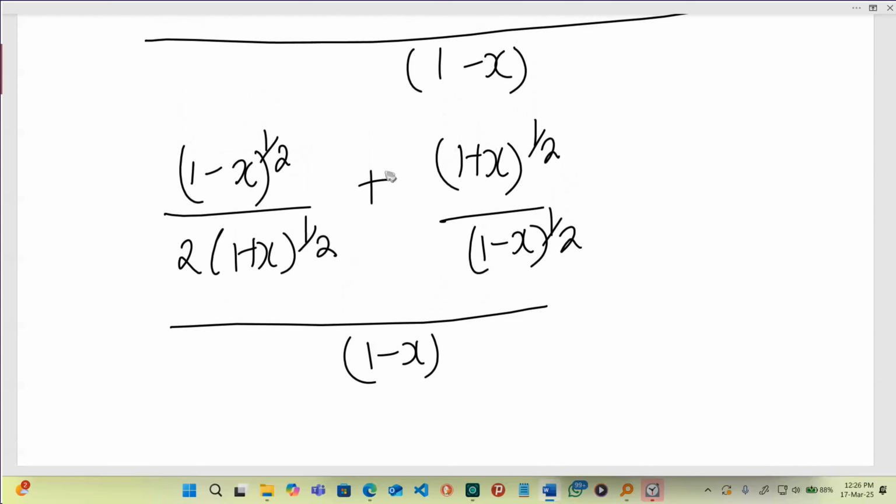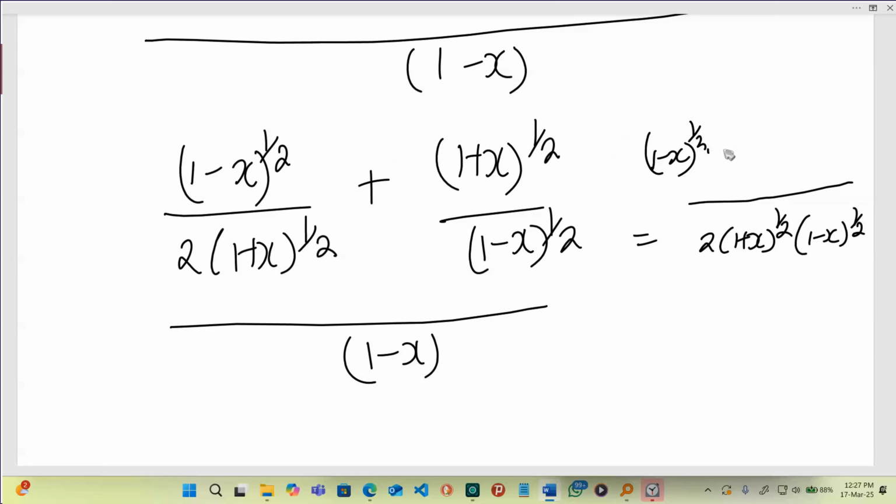So how do we deal with this? I'm going to look for the LCM here, and the LCM is going to be this multiplied by that, so that I have 2 into (1 plus x) power a half, then into (1 minus x) power a half. Then I start getting this divided by this. So this one will die, and I'll have (1 minus x) to power a half times (1 minus x) to power a half.